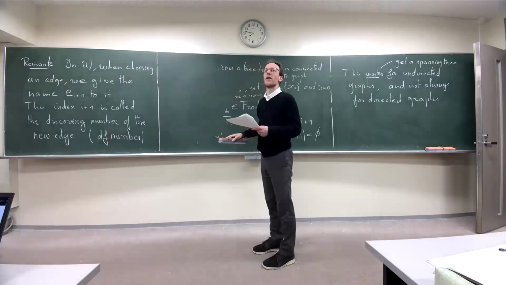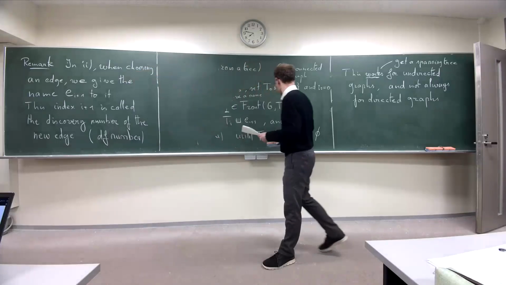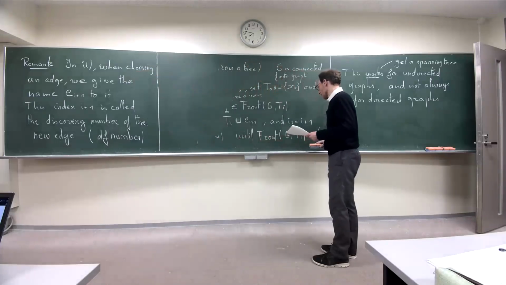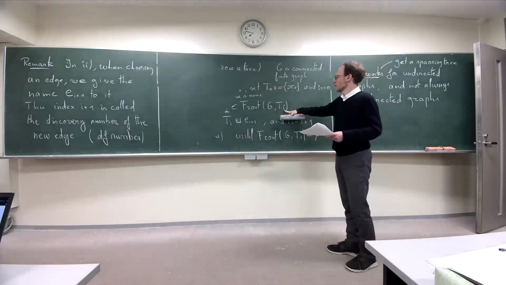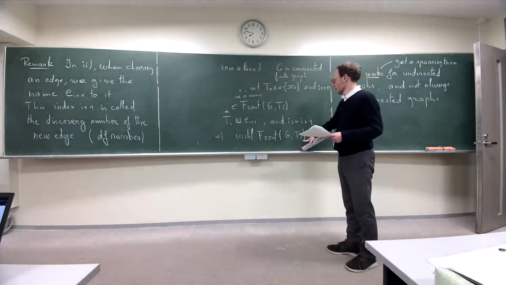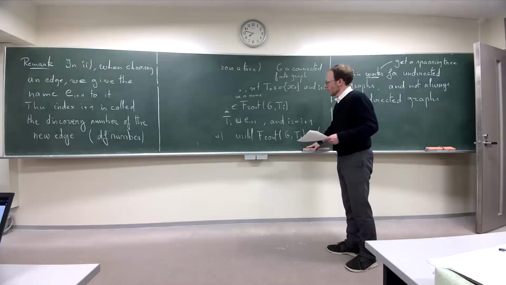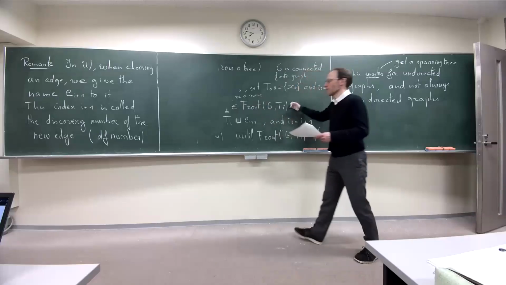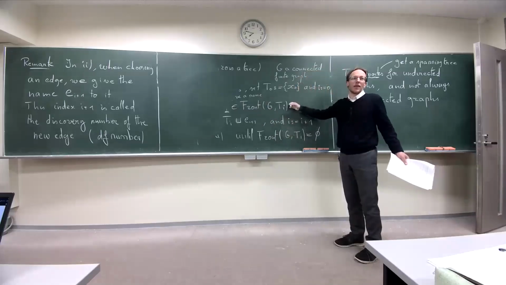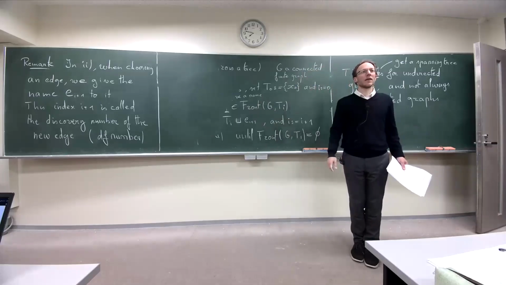I think it should be the disjoint union with i plus 1. Here. No, the next step. No, it's correct. If at this step you don't find anybody, then you cannot add any new edge.